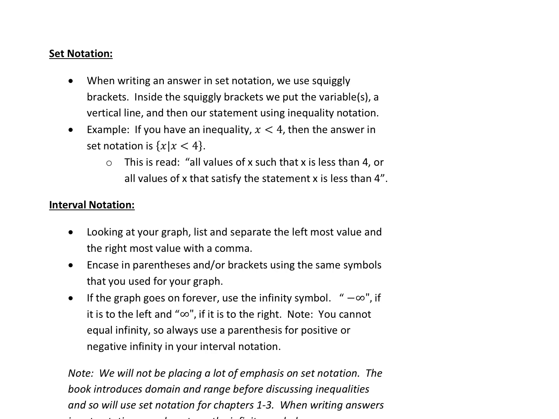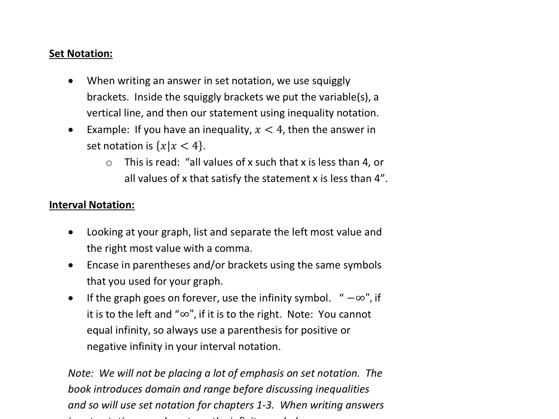Inside the brackets, we put the variable or variables, a vertical line, and then our statement using inequality notation or whatever notation it is we're wanting. So for instance, if you have an inequality x is less than 4, then the answer in set notation is x, we have our vertical line, x is less than 4, and we encase it in squiggly brackets.